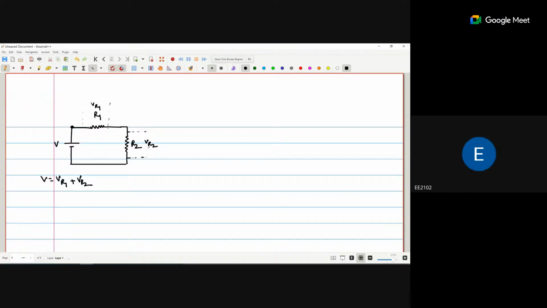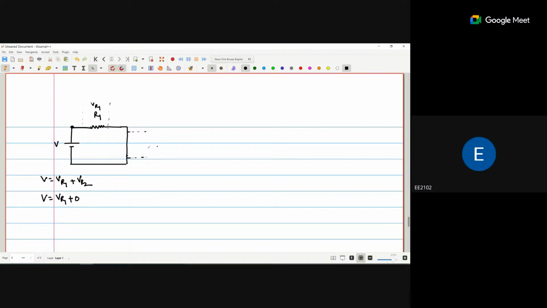Now I make a short. So V is equal to VR1 plus 0. That means the overall voltage will drop across this R1 resistance.